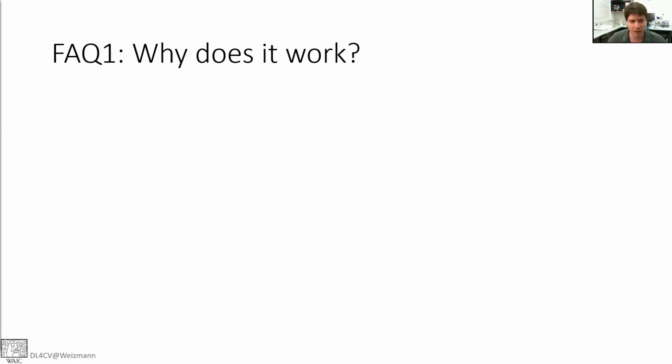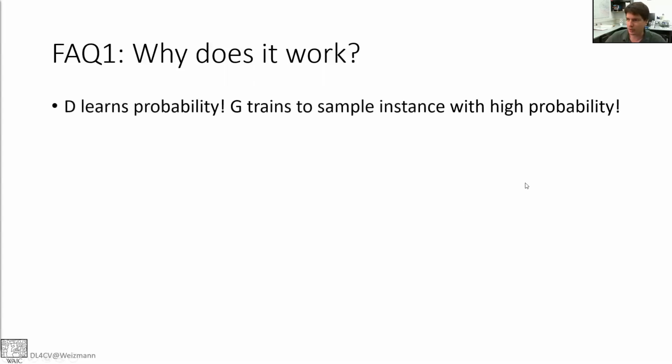The first one: we were telling this whole story, so why would this work? And this is in light of the bad suggestion I made before, about just taking a random image and a random vector. One thing we need to notice is that D learns a probability.